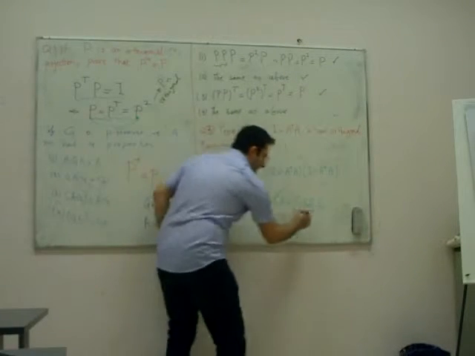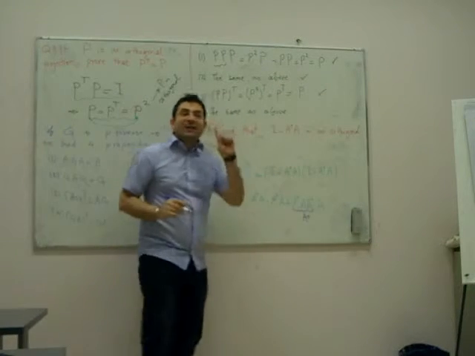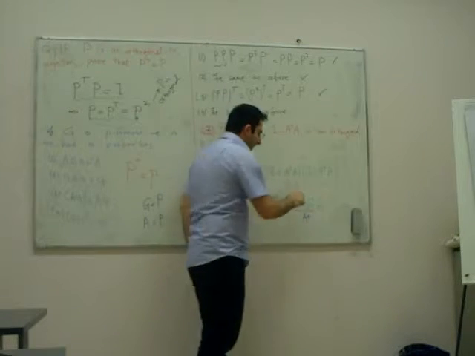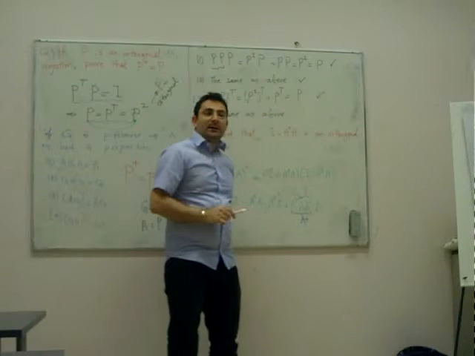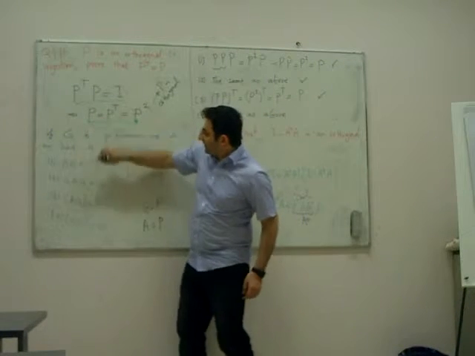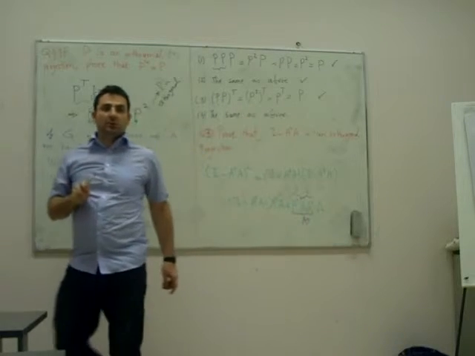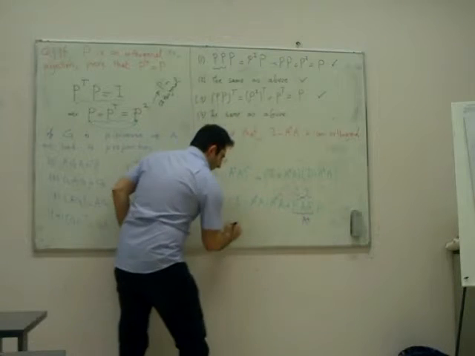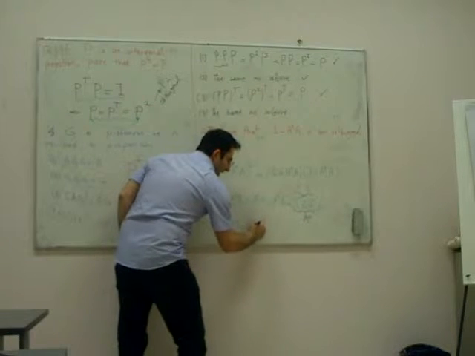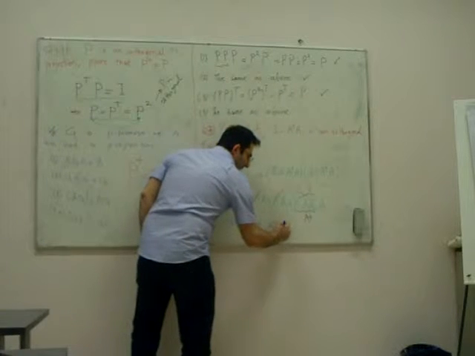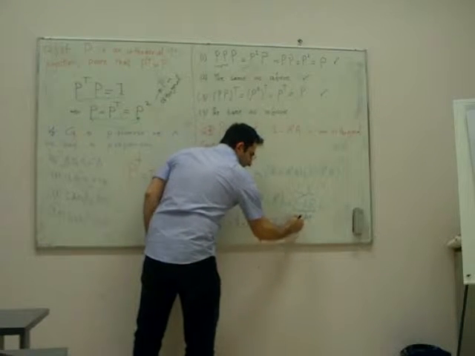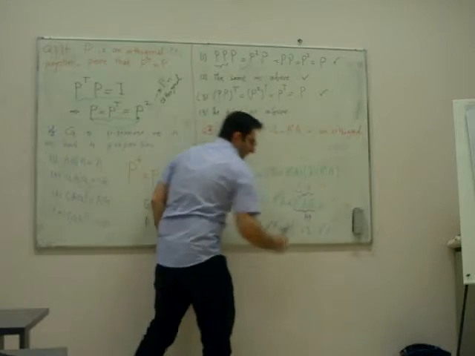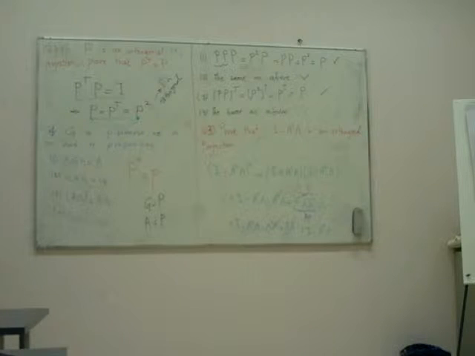So this is A plus. Look, I cannot say this is I, I cannot say this is I. But I know that this and this is always true. So this term is A plus. So what I have is I minus A plus A minus A plus A plus A plus A. These two are cancelling each other, so I'm getting I minus the pseudo-inverse of A multiplied by A. So it means that it is an orthogonal projection.